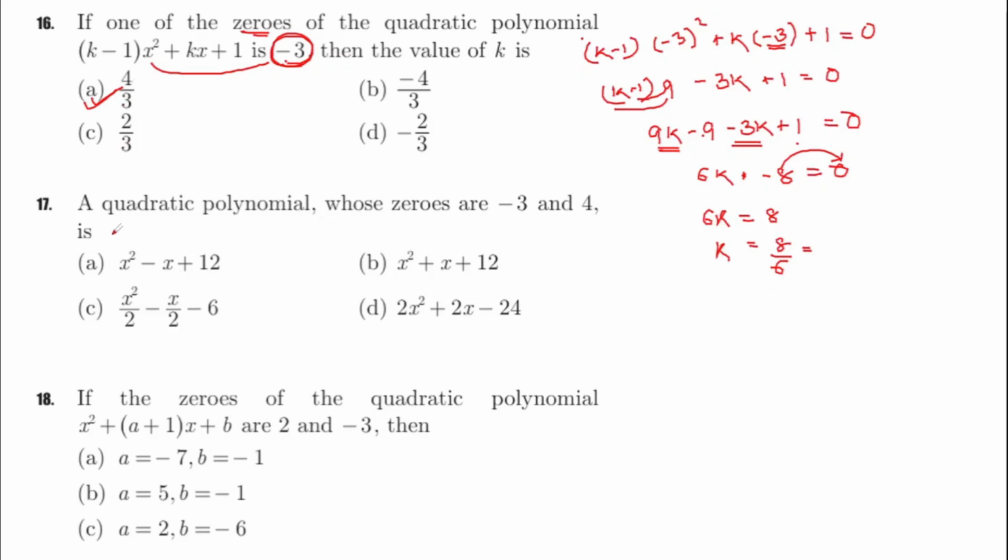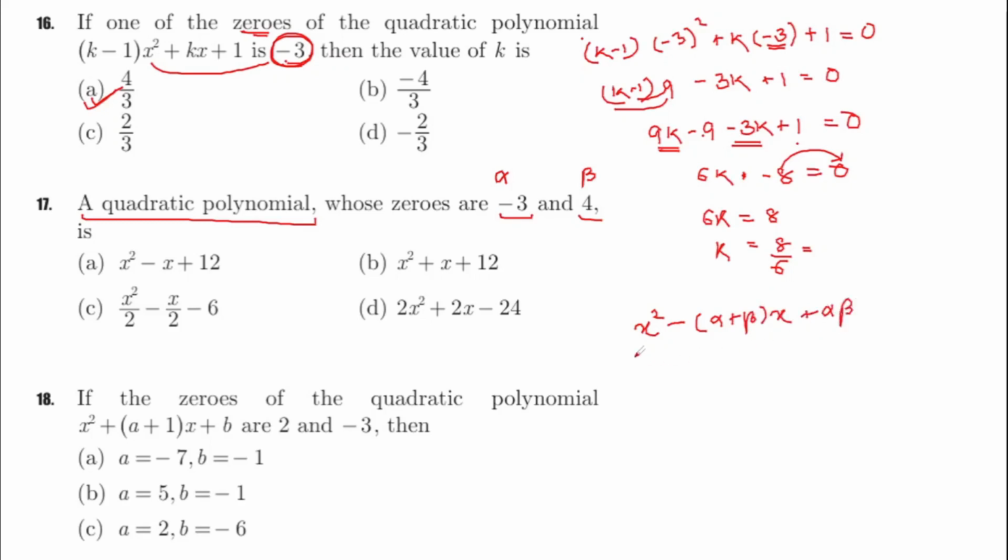Now question number 17. In this question, we are asked for the quadratic polynomial whose zeros are minus 3 and 4. That means this is the value of alpha and this is the value of beta. In our previous class, we discussed that the polynomial becomes x square minus (alpha plus beta) x plus alpha into beta.